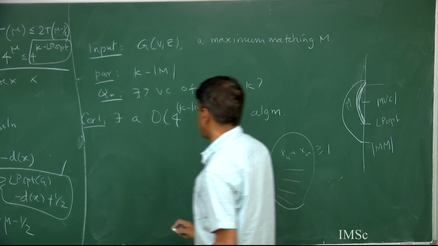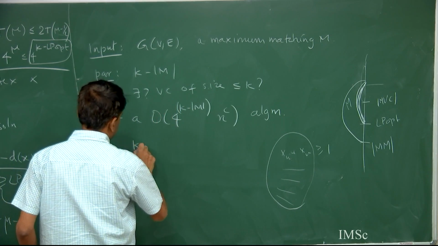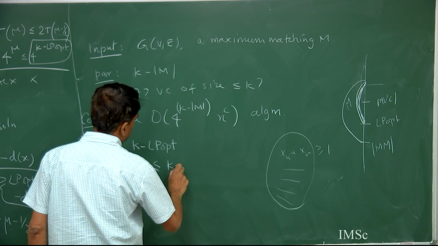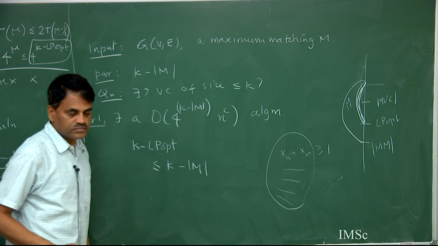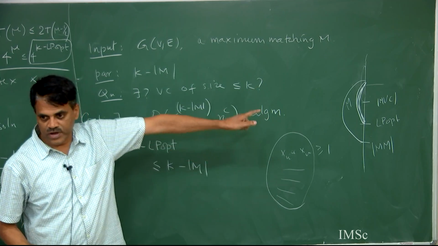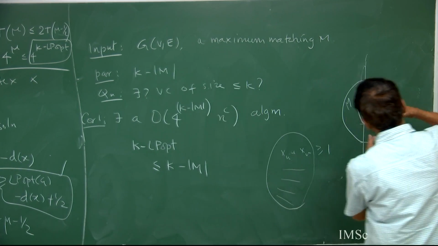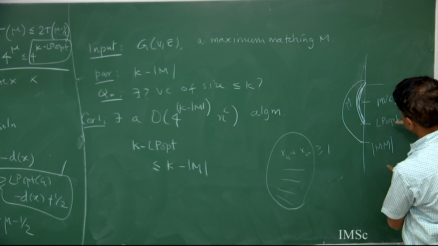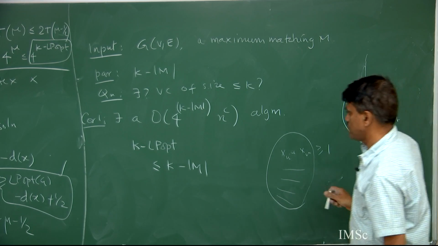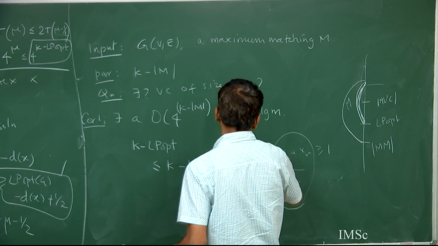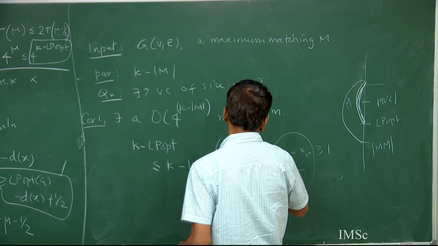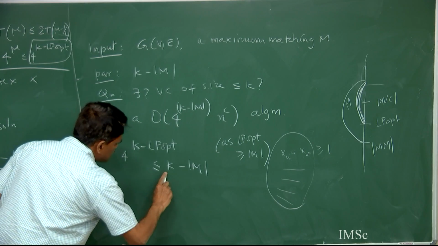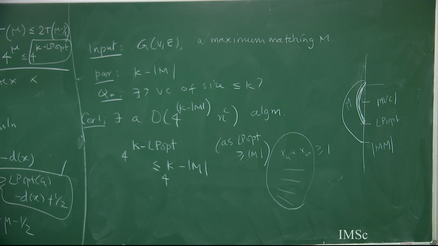So all I am saying is k minus LP opt is less than or equal to k minus the size of the matching, from this picture, because the k I am looking for is somewhere in this range. This difference is less than or equal to this difference, because LP opt is greater than or equal to the size of the matching. So 4 power k minus LP opt is less than or equal to 4 power k minus matching.